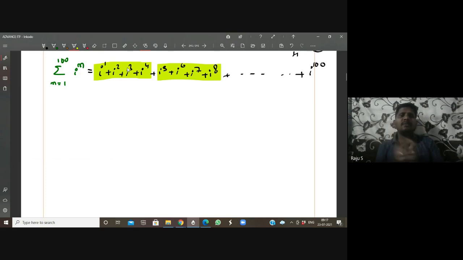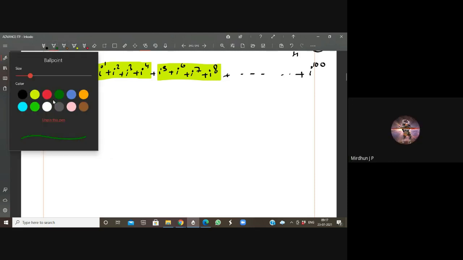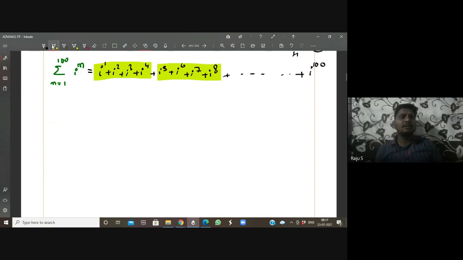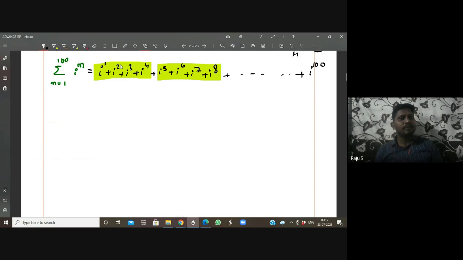For example, 7 to 10: 7, 8, 9, 10 is 0. We need to include the lower value and the higher value, sir. Iota power 7 onwards, continuous values are there.